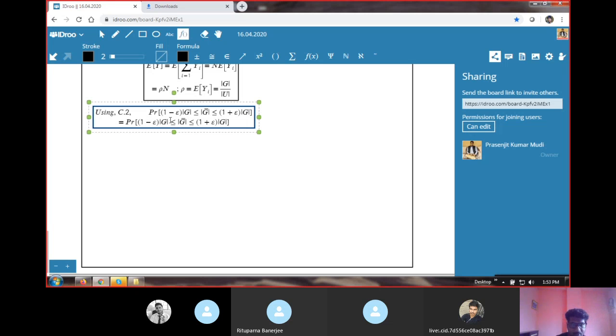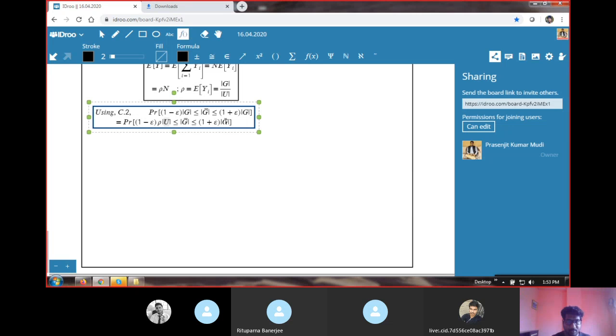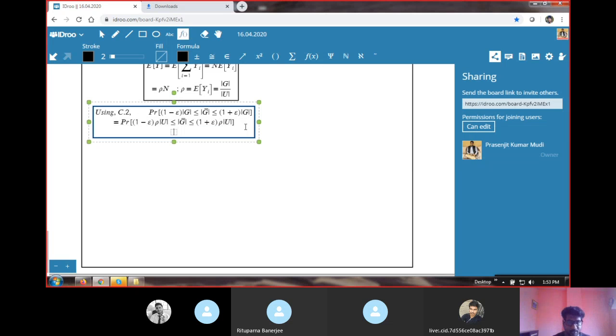Here we are replacing this: you can see mod g is equal to rho into mod u. Similarly here in the next one.